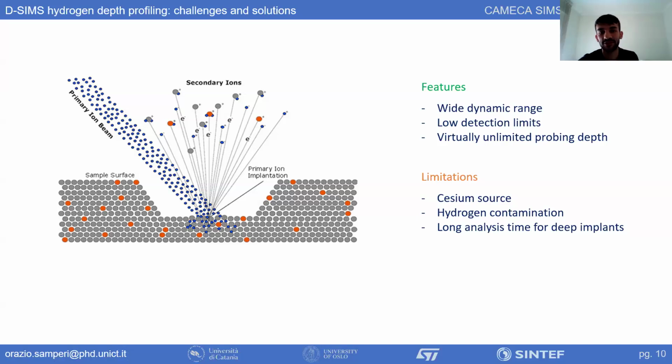There is also some limitation in using SIMS for the analysis of hydrogen. Basically you have three main limitations. First, the source, because to analyze hydrogen you need cesium to extract the hydride ions. Another big problem is the high level of background for hydrogen, because you have contamination from everywhere when you analyze hydrogen.